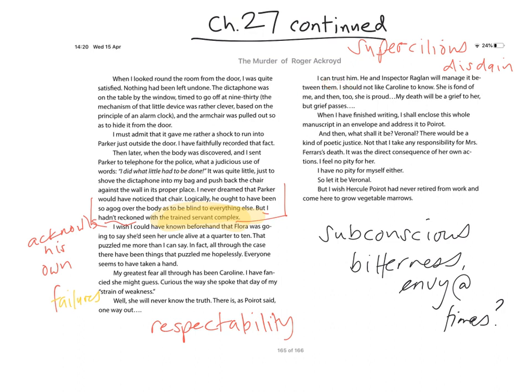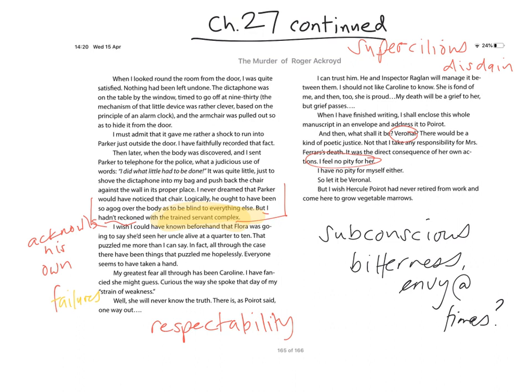"Not that I take responsibility for Mrs. Farrar's death. It was the direct consequence of her own actions. I feel no pity for her." So her overdosing on Veronal, he doesn't see that as his responsibility or that he is to blame for that.